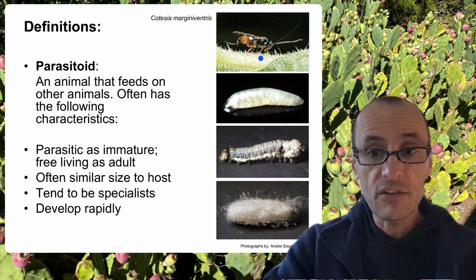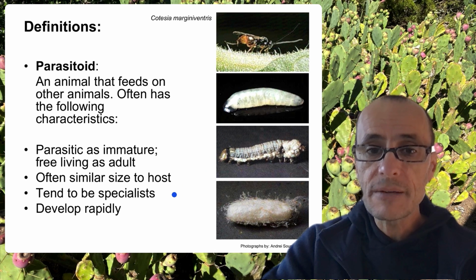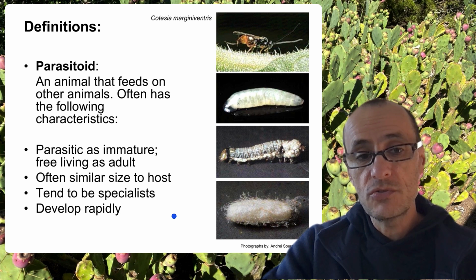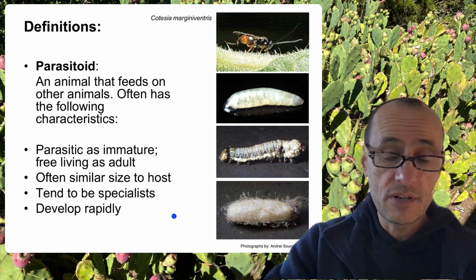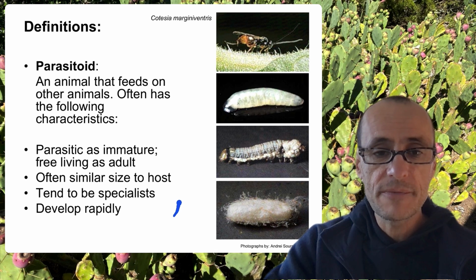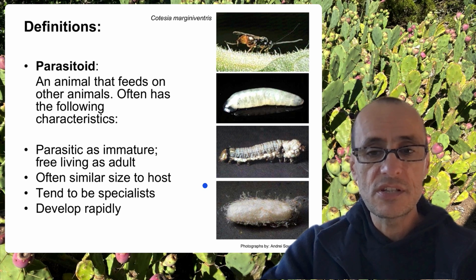They move around looking for a potential host. They tend to be specialized, and they also develop very rapidly relative to other beneficial predators. Parasitoids often can be the same size as the host, which is different from the life history strategies of predators.